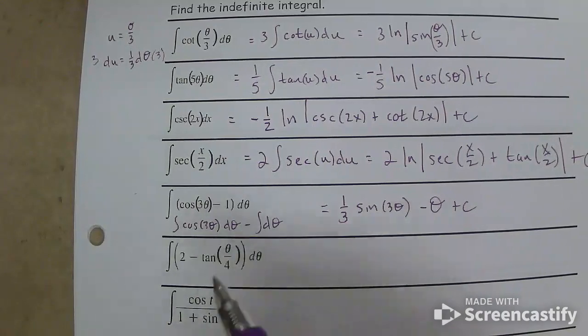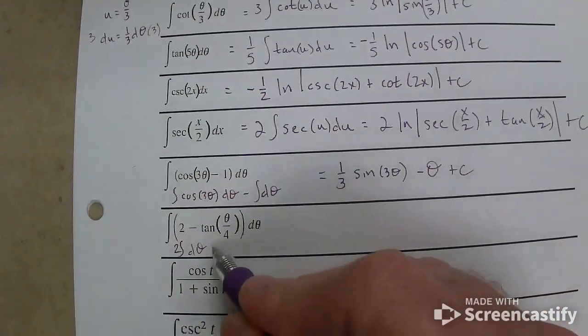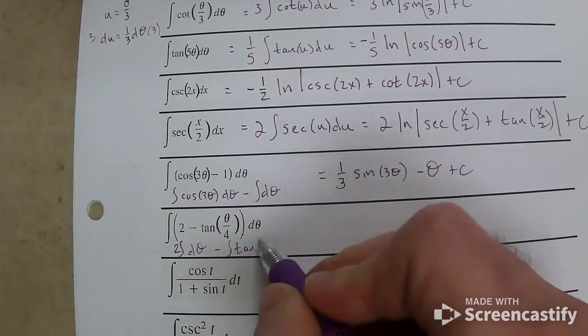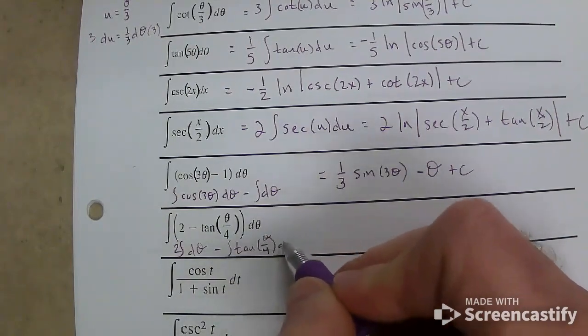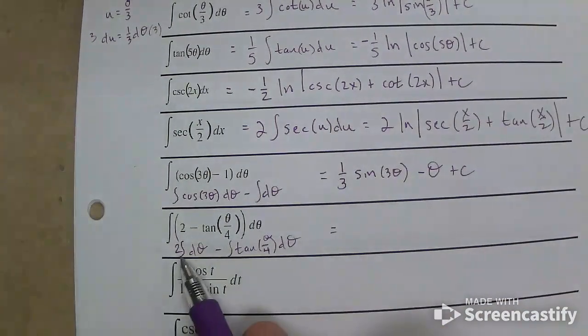Over here, same kind of setup. You could separate this and make it 2 d theta minus the integral of tan of theta divided by 4 d theta. So when I do that, this is just going to be 2 theta.